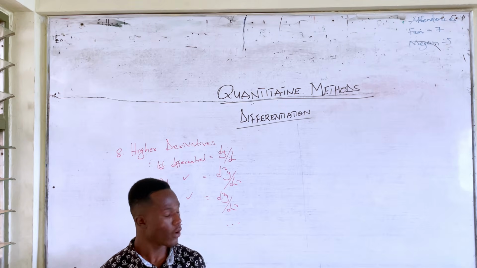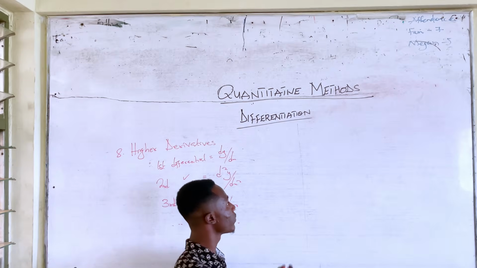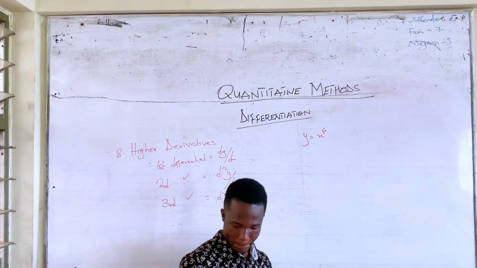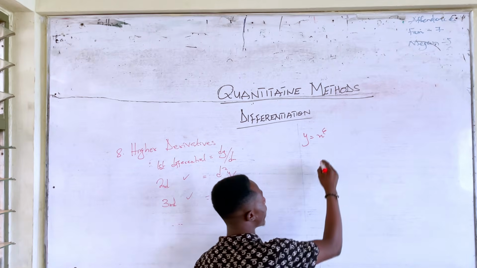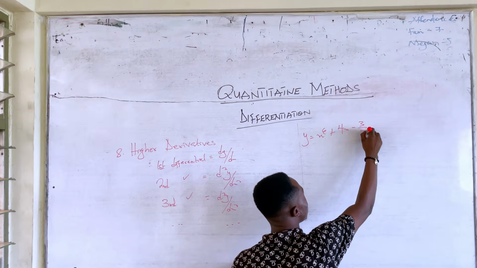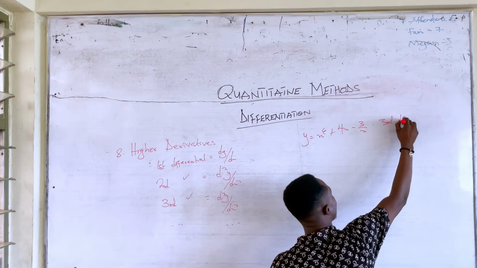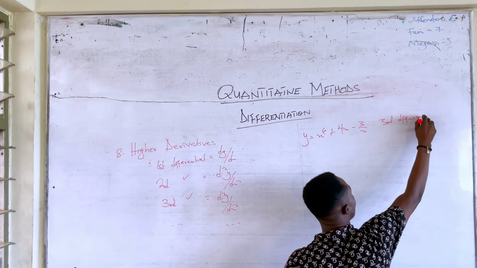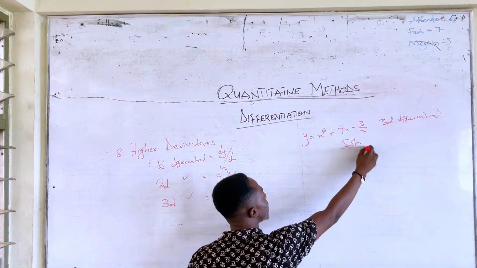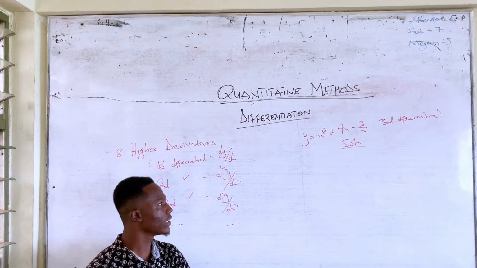So we have to find the third differential of this given function: y equals x to the power 6 plus 4x squared minus 3 over x. We are going to differentiate it first, that is dy/dx.